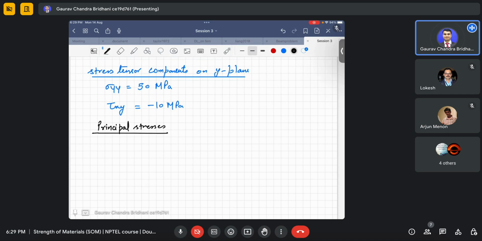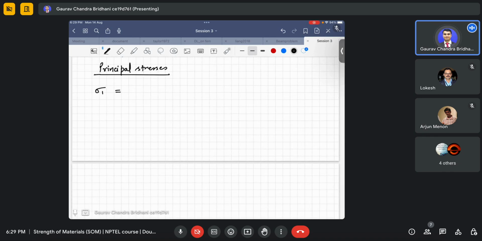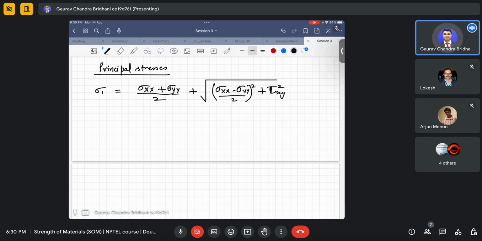So we have the formula for principal stresses, sigma 1, sigma 2. Sigma 1 is sigma xx plus sigma yy divided by 2, plus square root of sigma xx minus sigma yy by 2 whole square plus tau xy square. That is sigma 1. If you see, this expression is nothing but the radius, and this is the center coordinate.